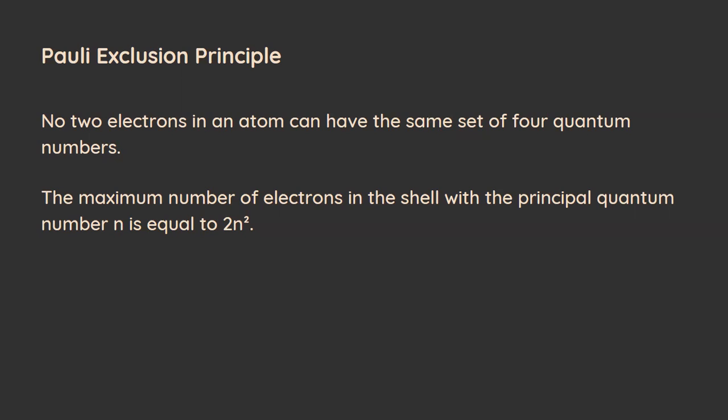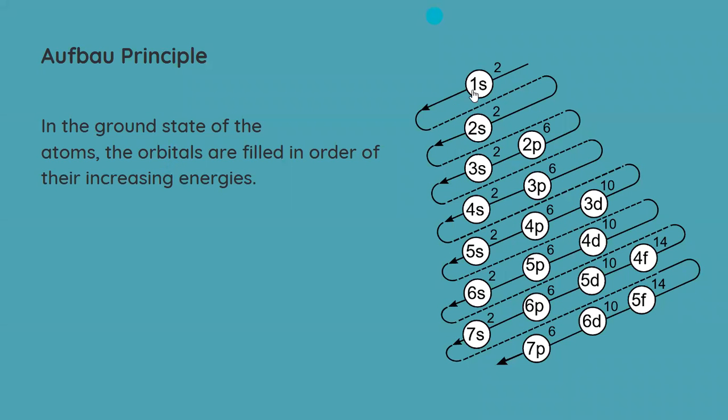Not only that, the maximum number of electrons in a shell with the principal quantum number n equals 2n squared. Suppose we have principal quantum number as 1. This shell can have only 2 electrons because 2 into 1 squared is 2. If you remember, we had learned that our 1s can only house 2 electrons.